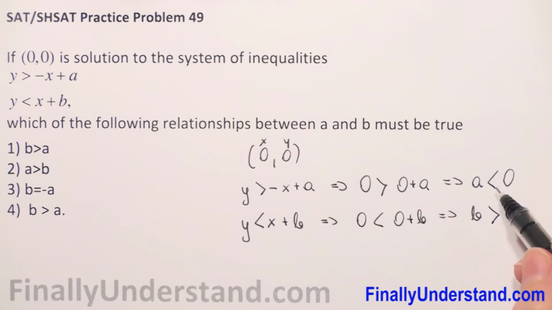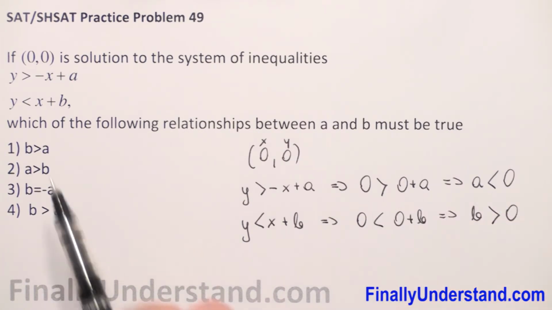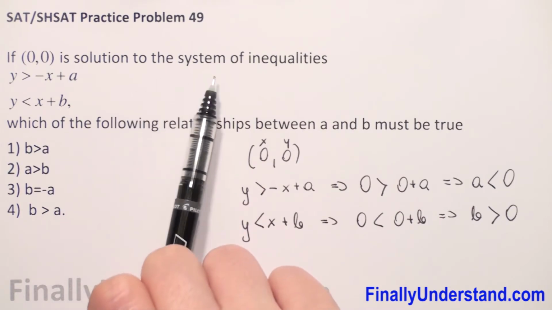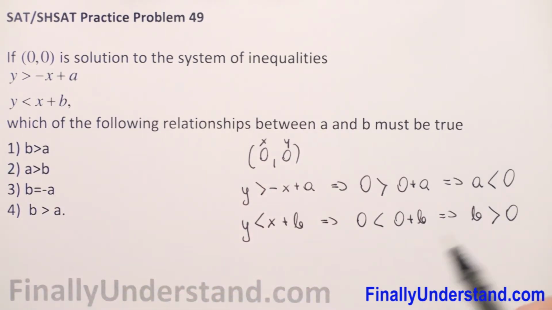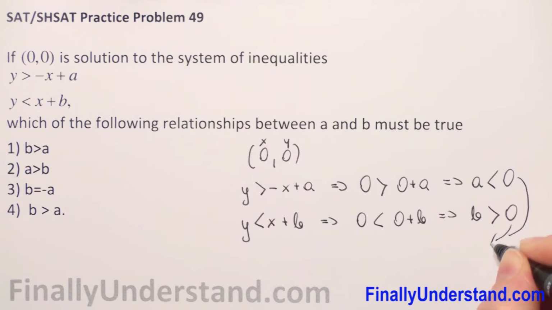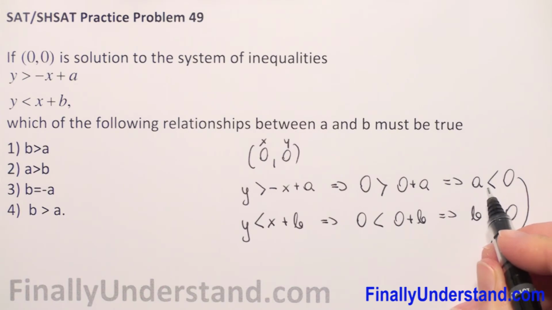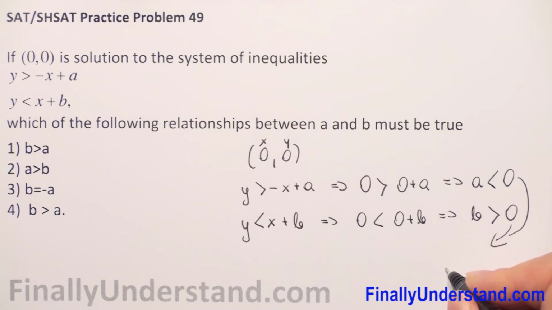So we got that because point (0, 0) is a solution to our inequalities, a is less than 0 and b is greater than 0. So from these two inequalities, because a is less than 0, a is negative, and b is greater than 0, so it's positive, we can write that b is greater than a. Why?